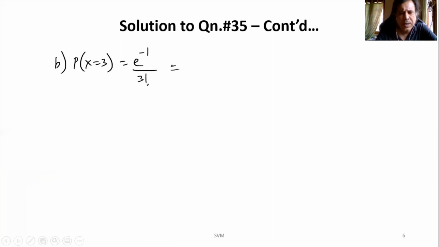E power minus 1, just now we saw it is 0.368, divided by 6 because 3 factorial is 6, and that will work out to 0.061.